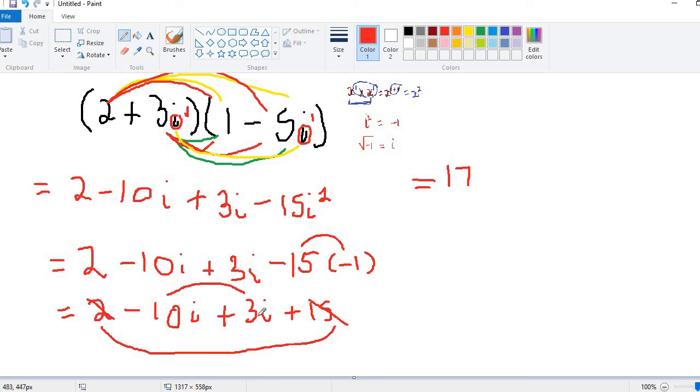So we go in a calculator, minus 10 plus 3. So our answer is, no, we don't make such mistakes in mathematics. Minus 7i. This is our final answer.